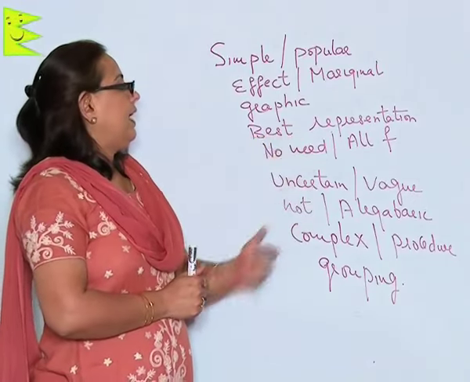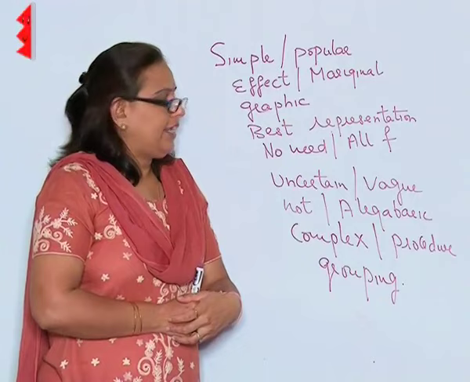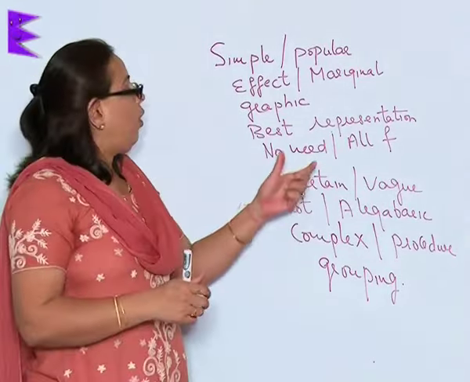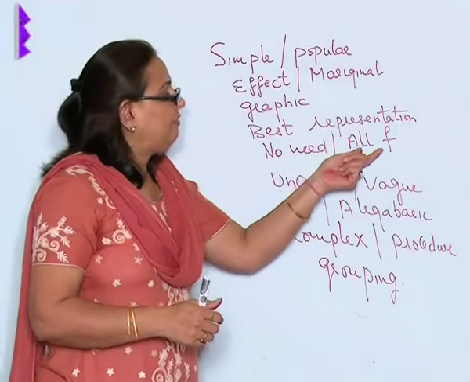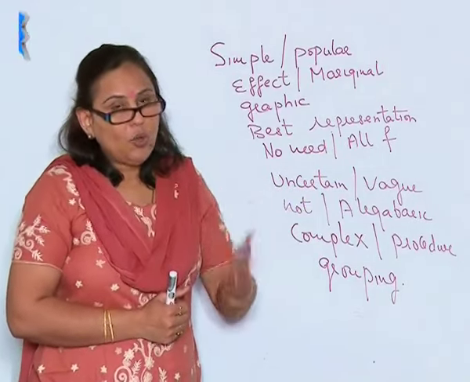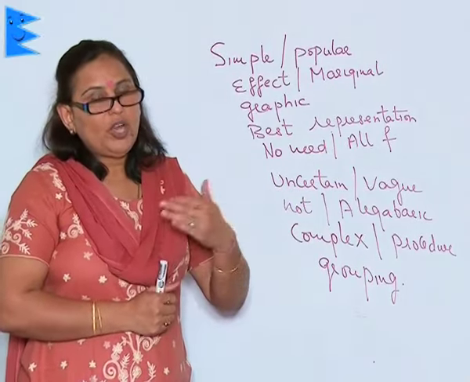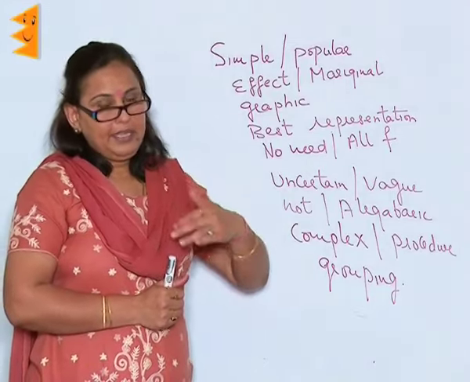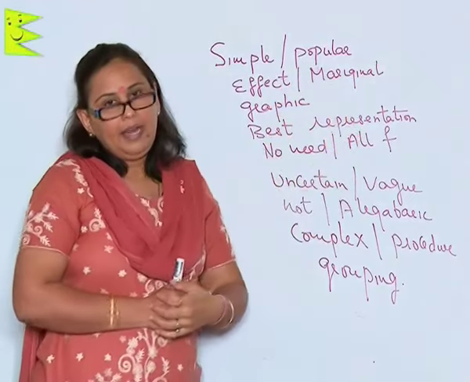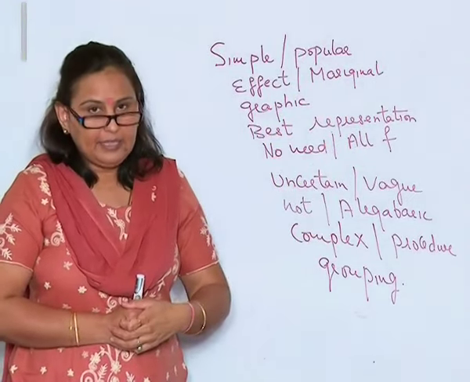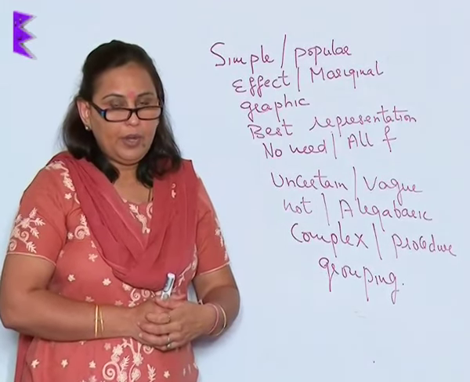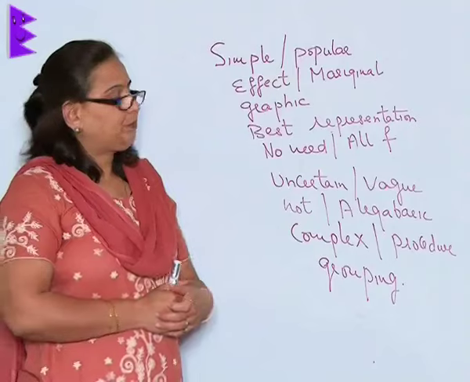Also, it does not need all the numbers, all the frequencies, and it can be calculated even on the basis of the frequencies which are available. Thus, it is simple, easy to calculate, and also popular, and even if the data is incomplete, this method can help us in finding out the central tendency.